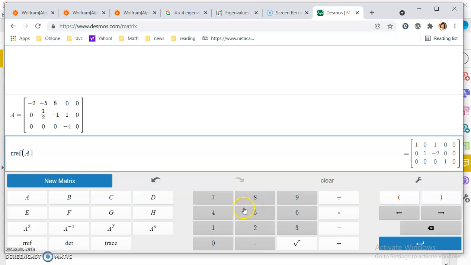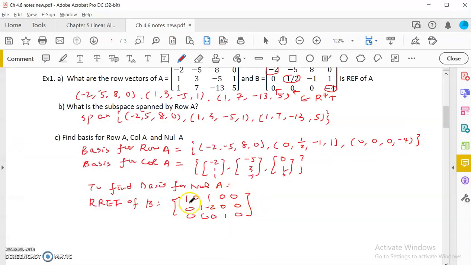Right. So read this off. X1, X2, X3 is free, right? And X4. So we'll say X1 is equal to negative X3. X2 is equal to 2X3. X3 is equal to X3, which is free. You can assign it anything you want.